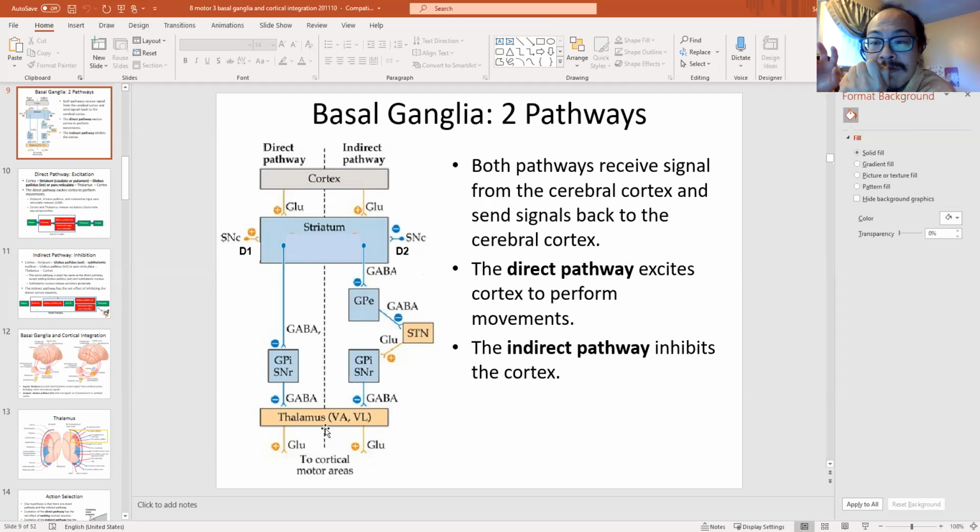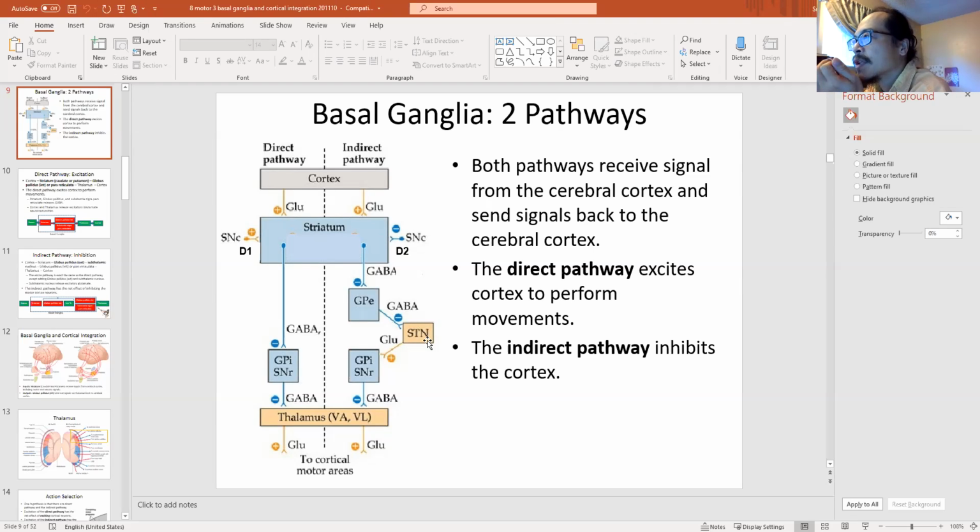But the only difference is that between this input and output, there are two new components in it. These two new components are globus pallidus external segment and the subthalamic nucleus.